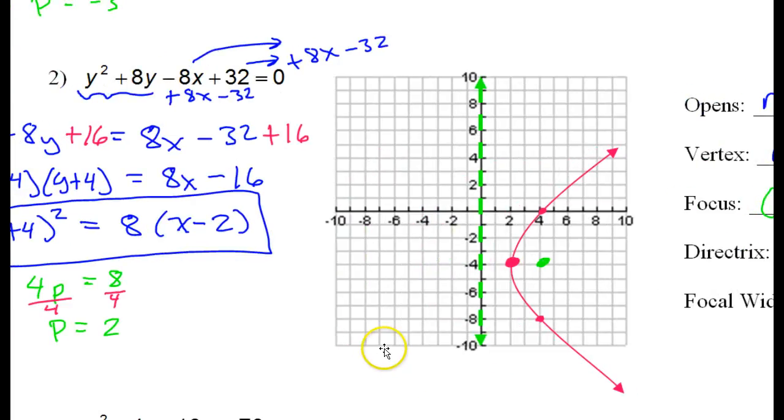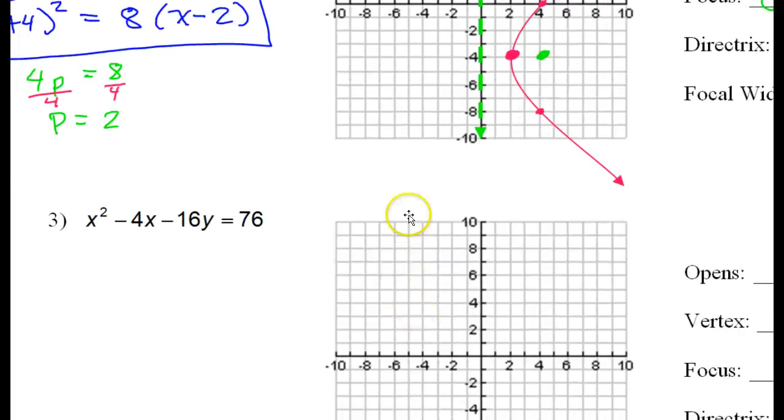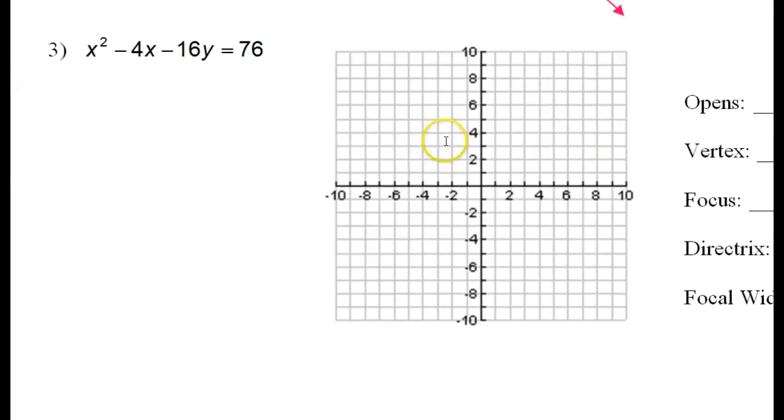Alright, number 3, let us move on. So we need to convert this to standard form. Notice the x is squared. That means the x's will be on the left, which means this needs to go to the right.